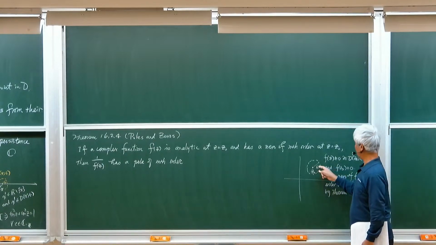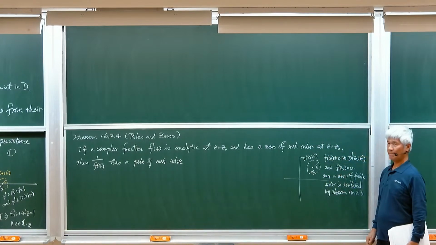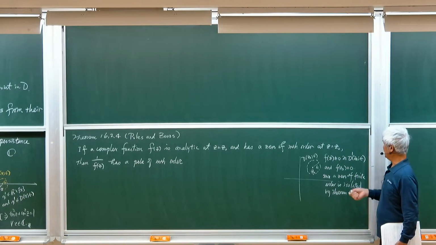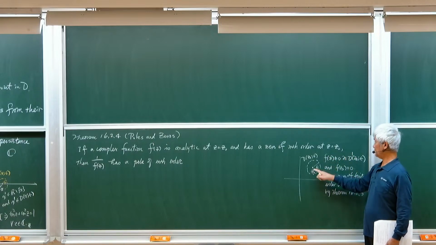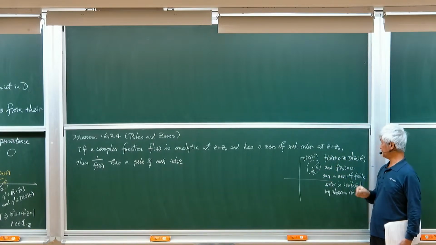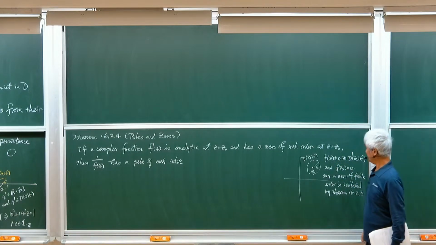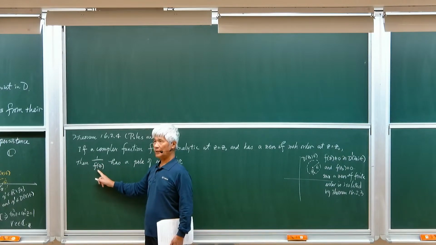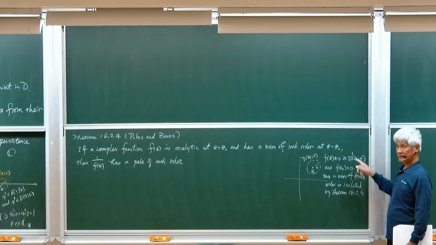And so we can find a neighborhood of z0. In this neighborhood, f(z) of course is analytic, and f(z) is non-zero except at the center z0. And so the reciprocal of the function f is well defined in the punctured open disk.